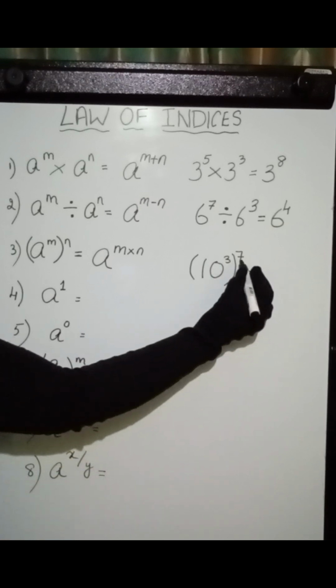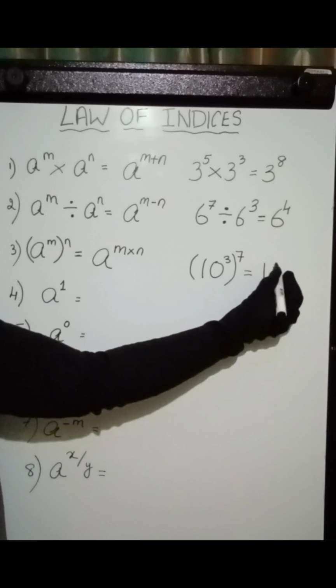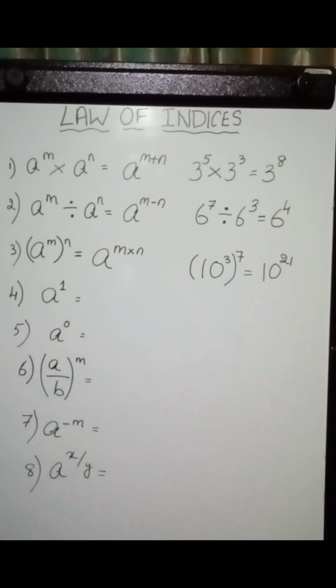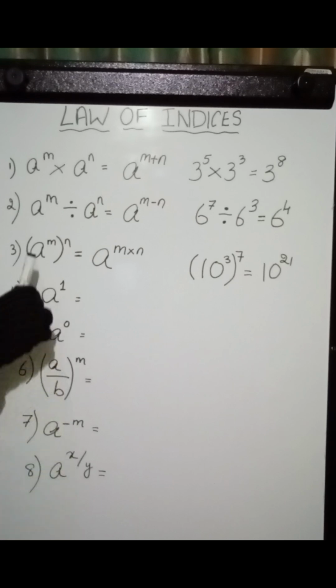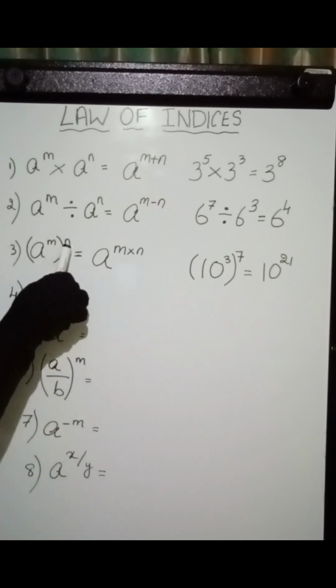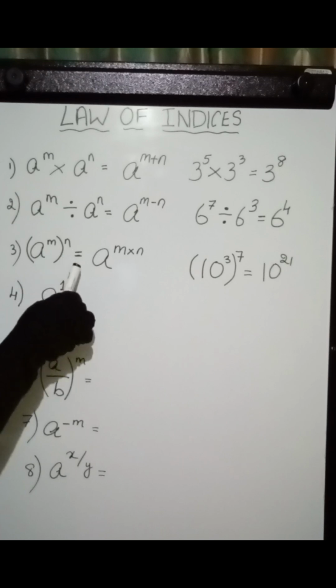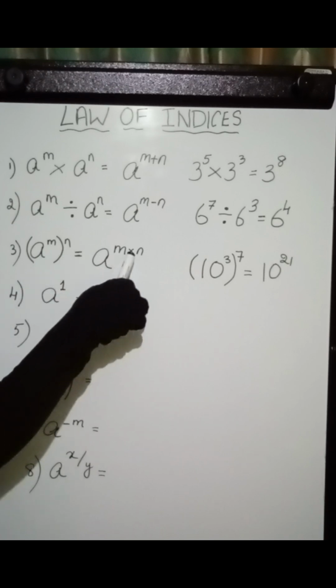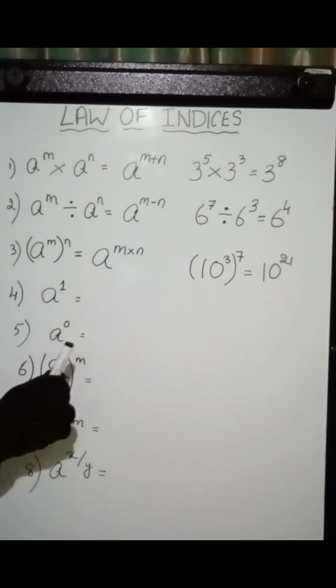So the powers will get multiplied, forming 10 to the power of 21. So when you have a to the power of m, the whole thing to the power of n, this will be equivalent to a to the power of m into n. So it gets multiplied.